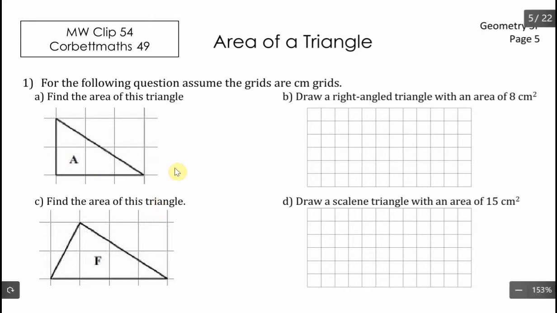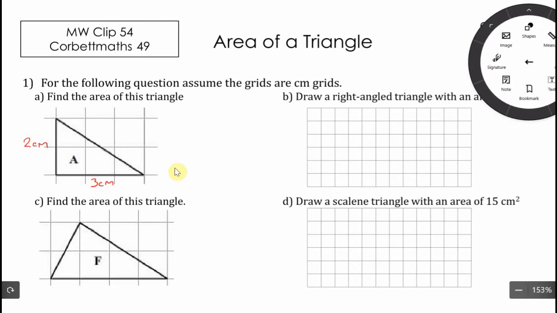We've got a right angle triangle here, and it has a base of 3 centimeters. We're going to just assume these are centimeter squares, and it has a height of 2 centimeters. Now, the method we use for this is to work out the area of the rectangle that surrounds the shape, and then can you think about how much of that rectangle is taken up by the triangle?